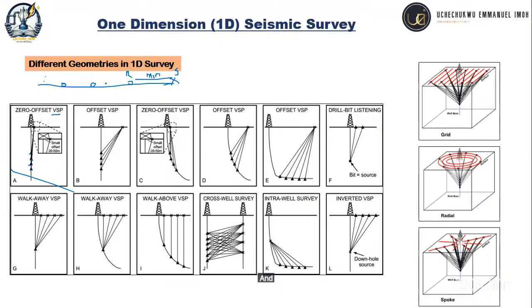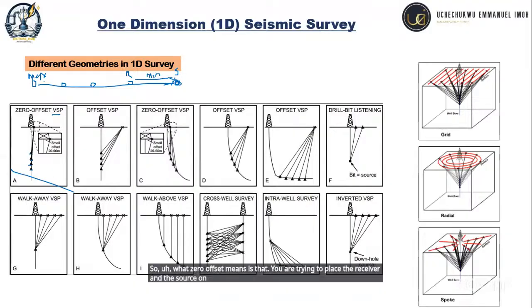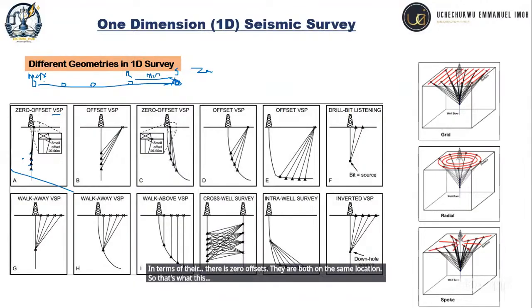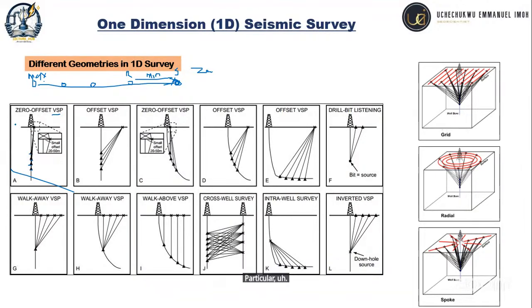And distance from the source to the last receiver is your maximum offset. Okay? So what zero offset means is that you're trying to place the receiver and the source on the same spot. In terms of offset, there's zero offset. They are both on the same location. So that's what this zero offset VSP is trying to mimic.